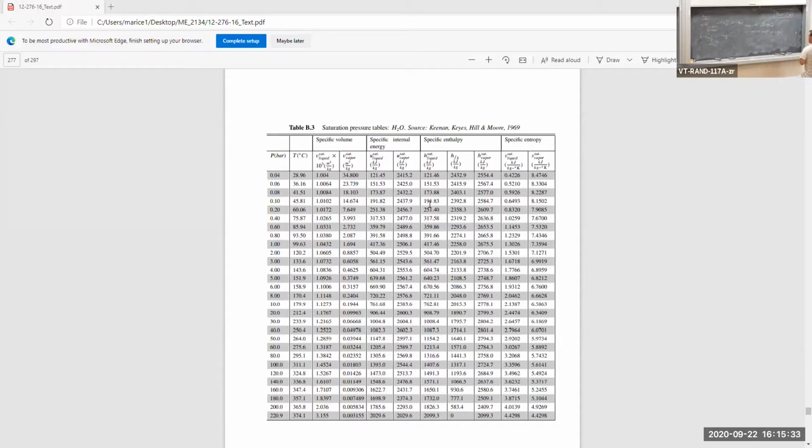All the units are the same. By the way, the kilograms cancel out with the kilogram in the m dot, and I get kilojoule per second, which is a kilowatt. So I have 2393 minus 3240 minus 1.95. I'm going to multiply that by 12, and I get 10,187.4 kilowatts.